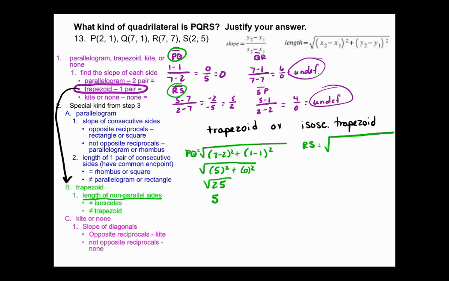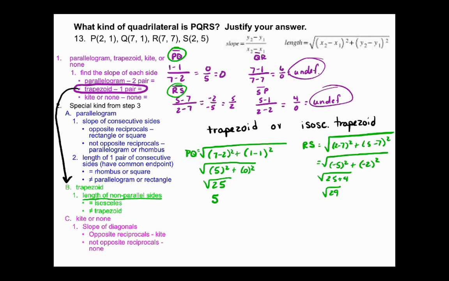So our distance formula, this is going to be 2 minus 7 squared plus 5 minus 7 squared. So this is negative 5 squared plus negative 2 squared. So this is 25 plus 4 to get the square root of 29.